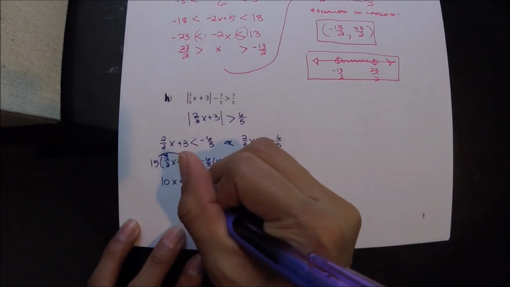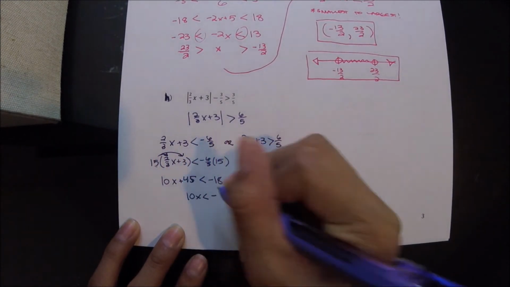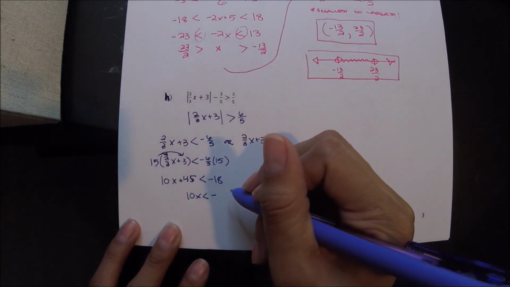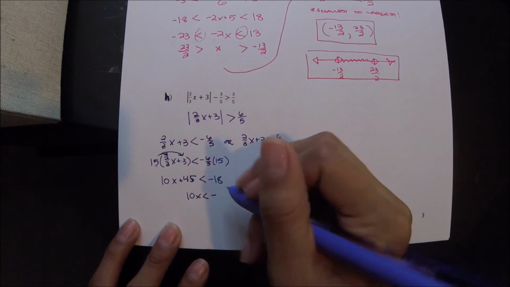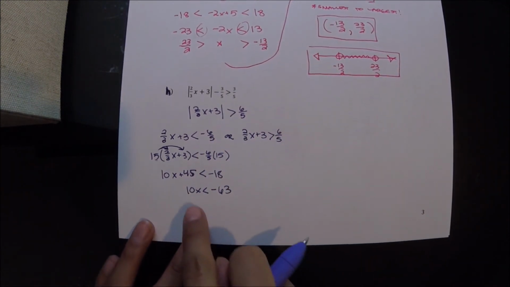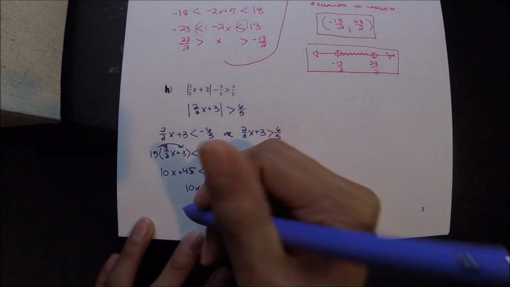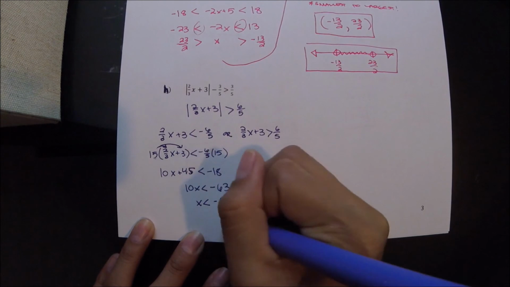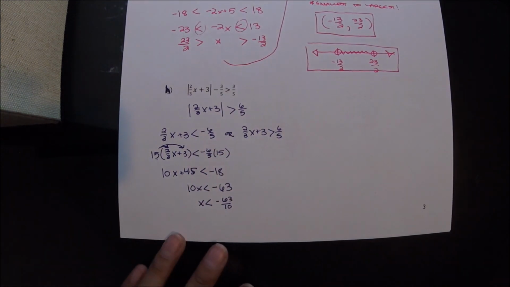Subtract the 45 from both sides. We'll get negative 18 minus 45 is negative 63. And then lastly, divide both sides by 10. And we're dividing by positive 10, so we don't have to reverse the sign.